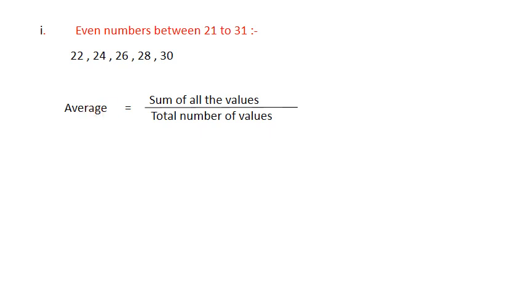Average is equal to sum of all the values divided by total number of values. Now substitute. So we have substituted the sum of all values, meaning 22 plus 24 plus 26 plus 28 plus 30, divided by the number of values. How many values are there here? 5. Come on student, just add this.